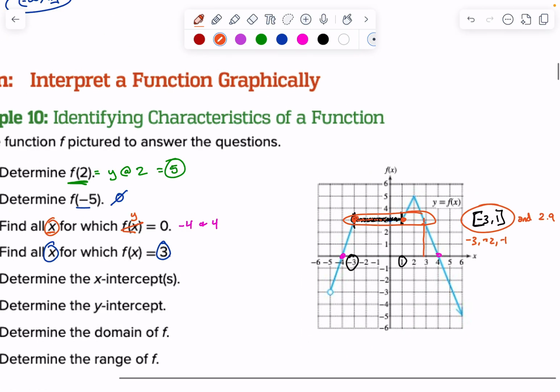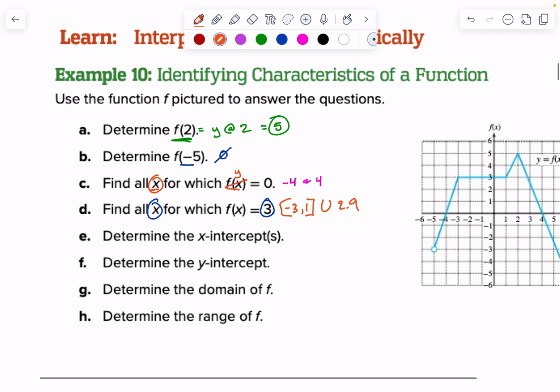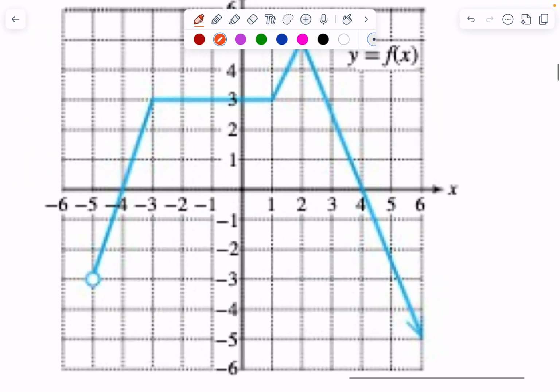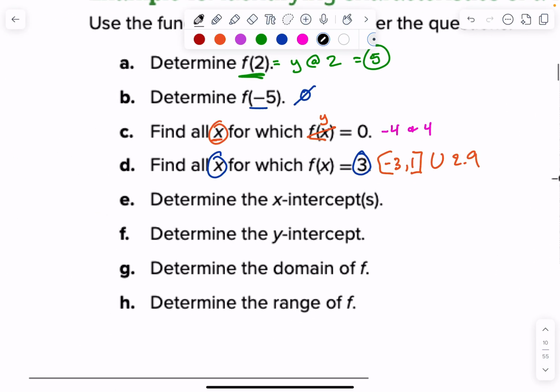Kind of messy. Let's go -3, 1. Oh, bracket. I'm going to say union with 2.9. Okay? All right, so that's all of that. Now we get into the x-intercepts. Determine the x-intercepts. X-axis is here, x-intercepts are here and here. That's another way of asking where the y-coordinate is 0, right?